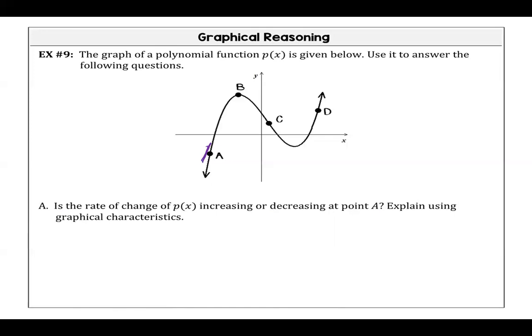And if I'm a horizontal line, then my slope is zero, right? So I went from being positive to zero, which means that I had to be decreasing. Does that make sense? So at point A, your slope is doing what? Decreasing. Your line is increasing. The function itself, the y values are increasing, but your rate of change is decreasing.